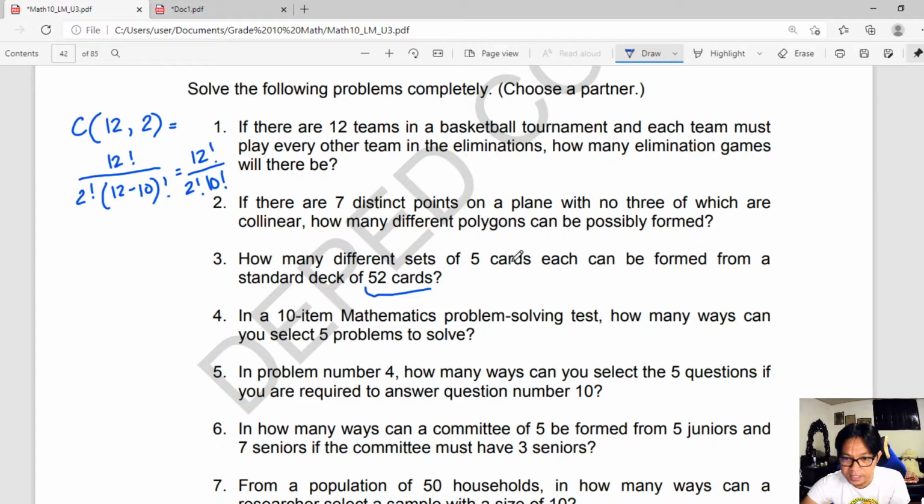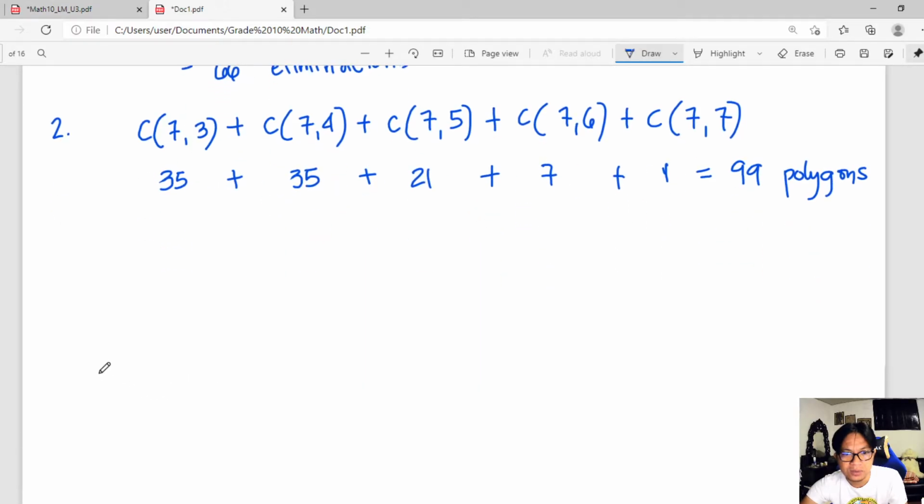5 cards. So, this one is a combination because you can select any of the 52 cards. So, ibig sabihin, ang solution natin dito is combination of 52 cards taken 5 cards at a time.